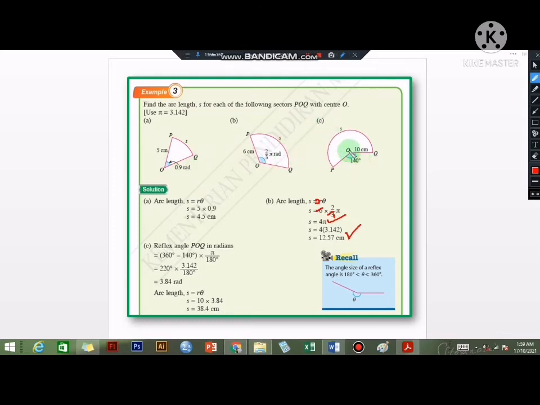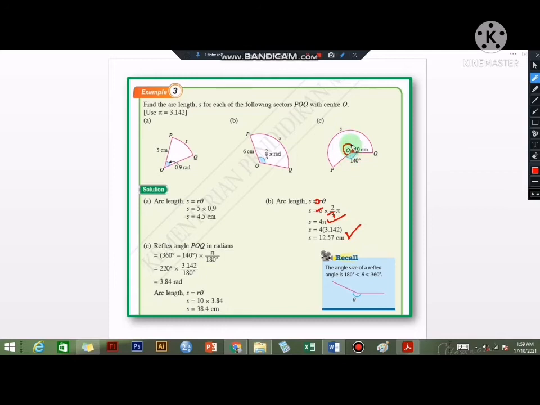Let's look at C. If you look at C, this one is 140 degree, isn't it? The question asks you to find the length of arc of the following sector POQ. So the length of arc that you need to find is this one, not this one. This is the angle given here, but this is not the angle for the length of arc S. You need to find this angle.